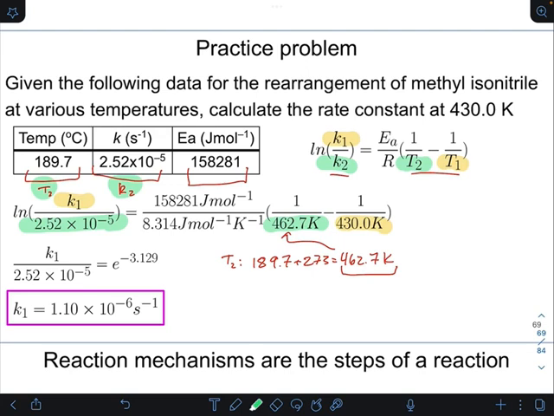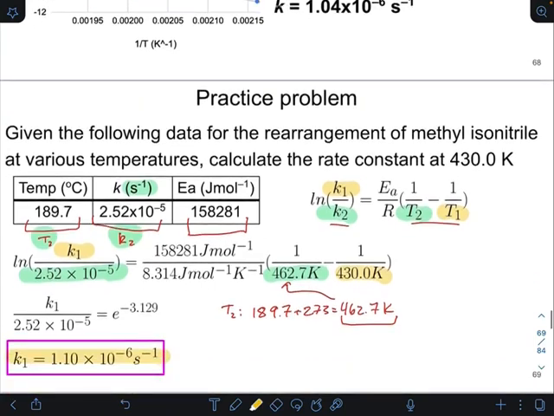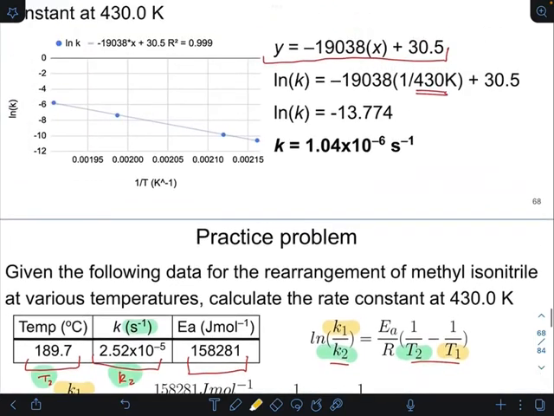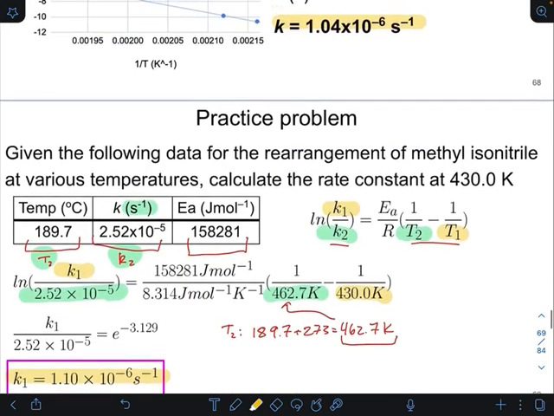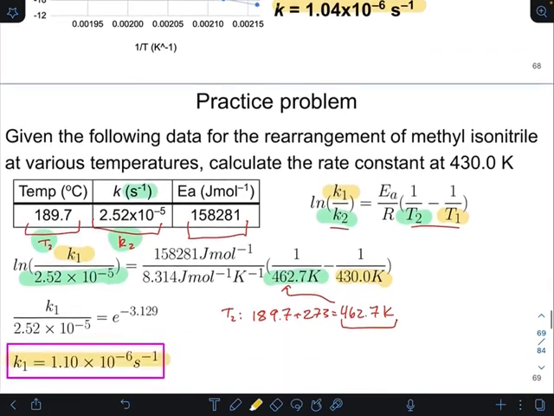As long as you do your math correctly, you should get the same answer, and your units of K are the same as whatever units you started with. And this is pretty close to what we got from our graph in the previous problem. It's slightly different, but it's the same order of magnitude, pretty close.